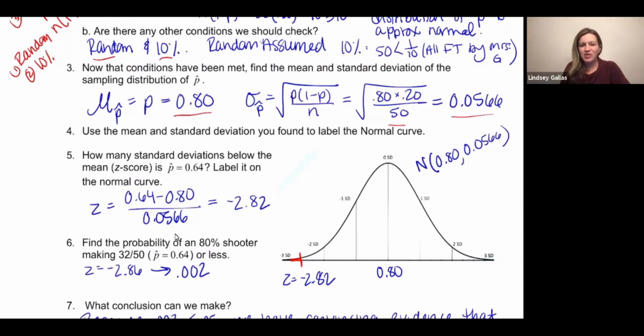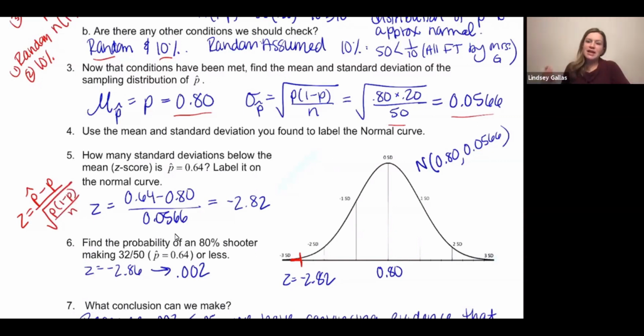Going all the way back to unit 1 again, a z-score is value minus mean over standard deviation. In this case, my value is going to be a p hat. The mean is p, the proportion that we've assumed, which is 0.80. And then for the standard deviation, I'm going to fill in that whole formula there.